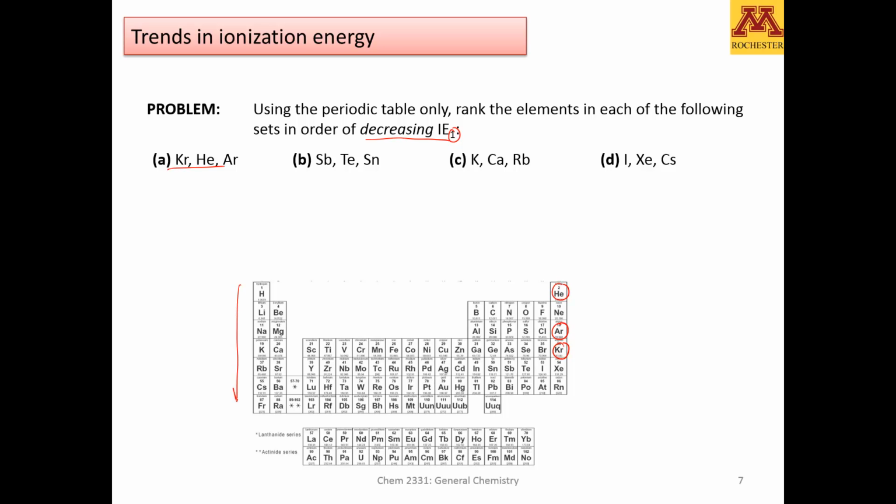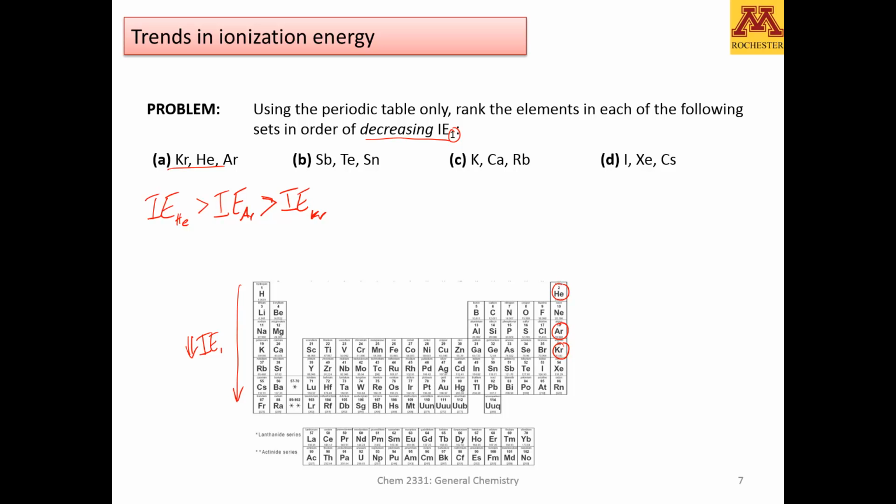The general trend is if you go down the periodic table, the ionization energy decreases. It's easier to remove the electron. This means that the ionization energy of helium will be higher than the ionization energy of argon, and this one will be higher than the ionization energy of krypton.